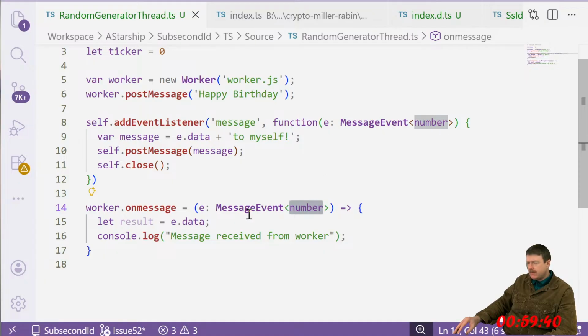Message event. Or do I need to do a big one? So this is going to make a copy of it. Okay, so it's making a copy of things.